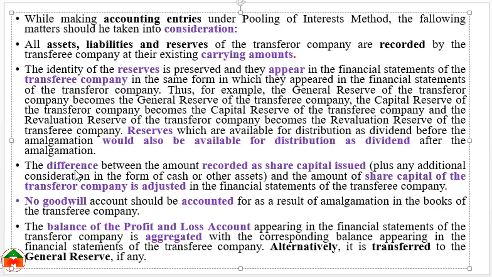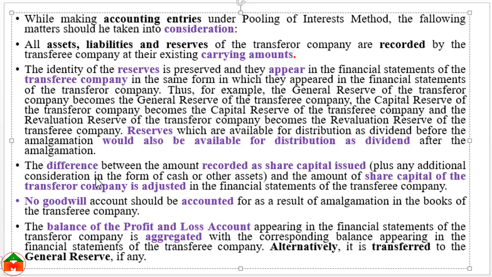And here is the important thing: the difference between the amount recorded as share capital issued plus any additional consideration in the form of cash or other assets, and the amount of share capital of the transferor company, is adjusted in the financial statements of the transferee company.